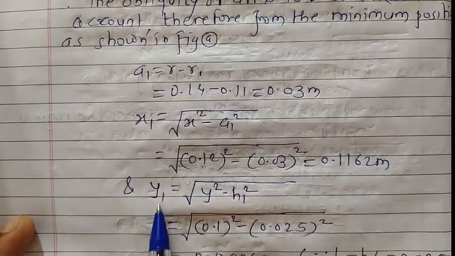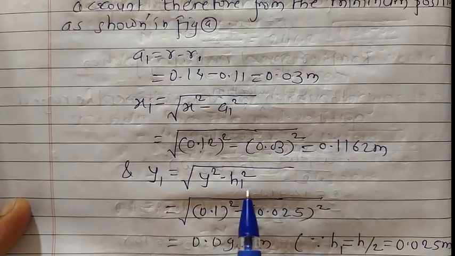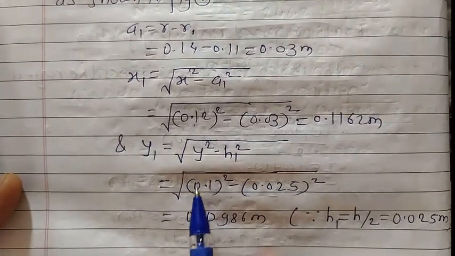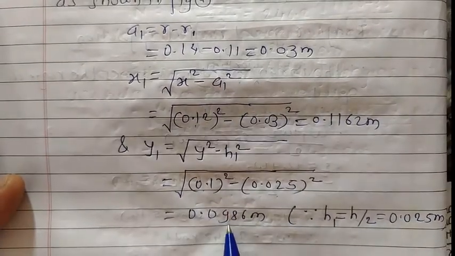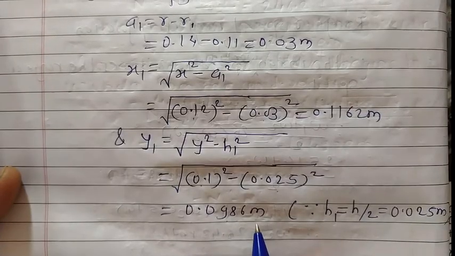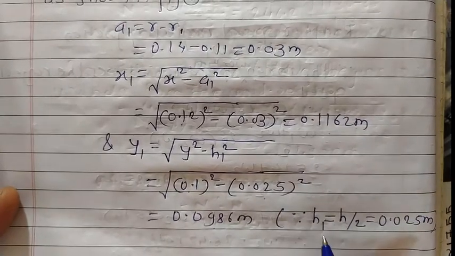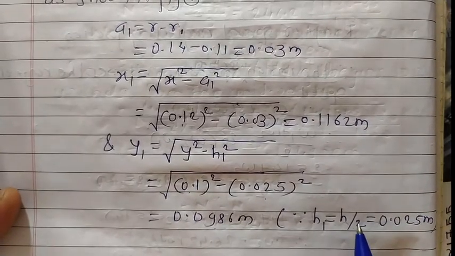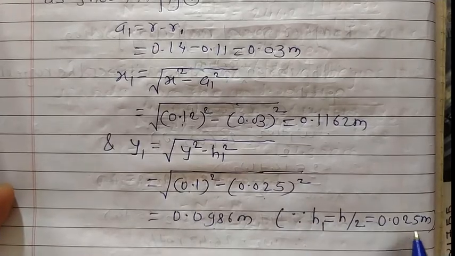Similarly, Y1 equals the square root of Y square minus H1 square. Substitute the values for Y and H1 and get Y1 equals 0.0986 meter. Here H1 is half of the total height, or sleeve lift, which is 0.025 meter.